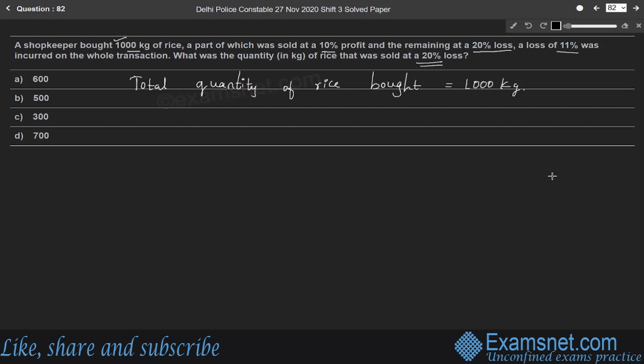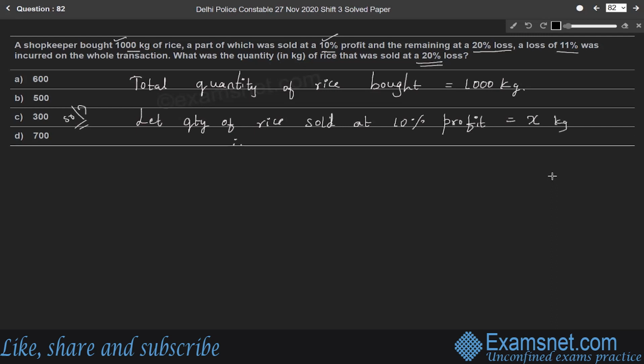So let the quantity of rice sold at 10% profit be x kgs, right?